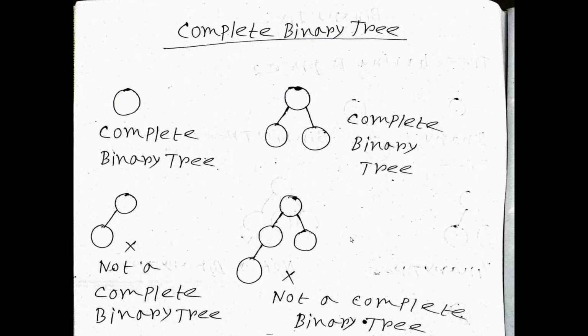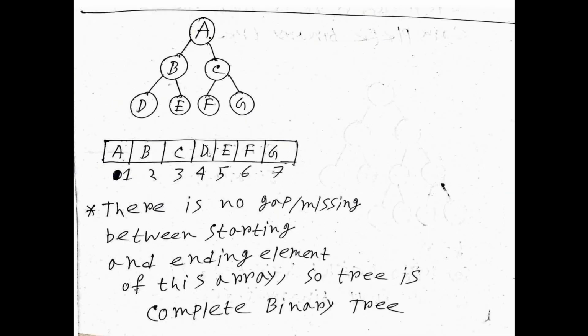This is simply the definition of the complete binary tree. But now I will also tell you another way, which I think will make your idea clearer. If we represent a tree using an array, we take an array. Though we know that in C and C++ indexes start from 0, for good understanding we are starting our index from 1.